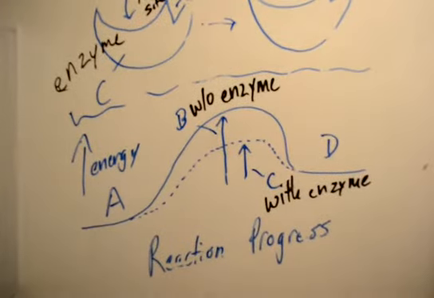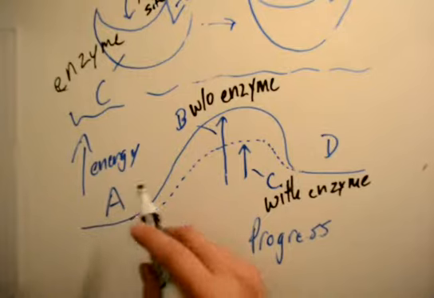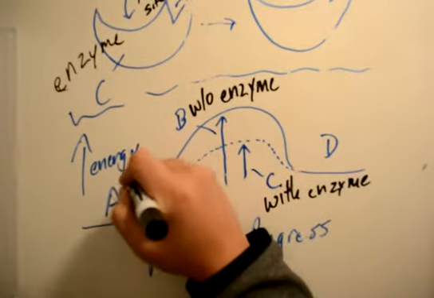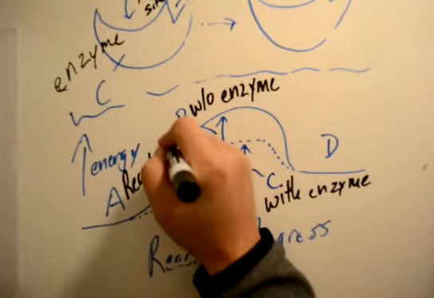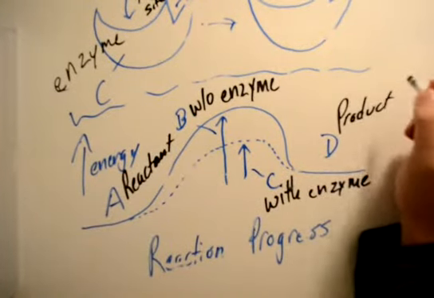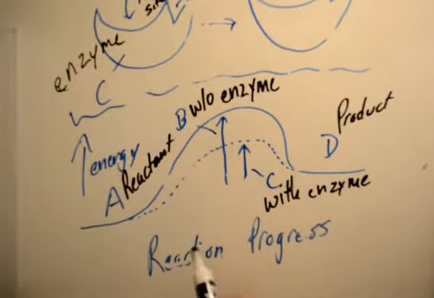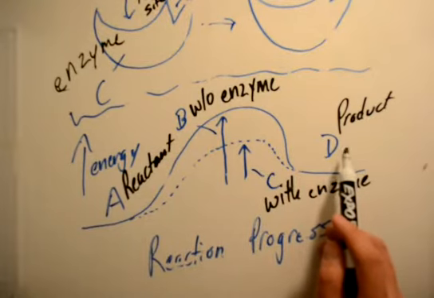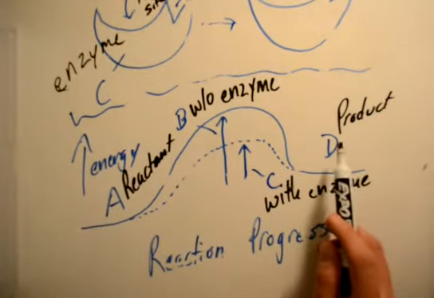Now, just like in any chemical reaction, you have to have a reactant and you have to have a product. So we have a reactant at A, and then we have the product, or products, at letter D.